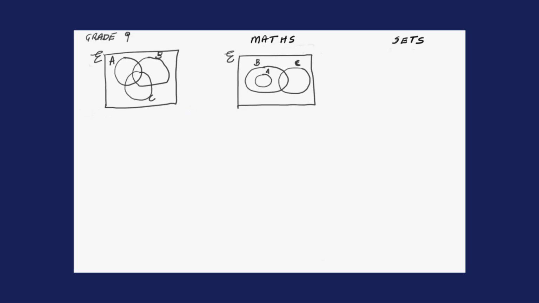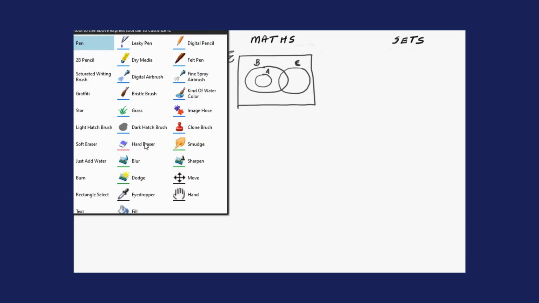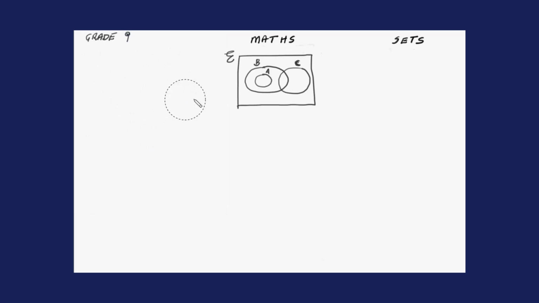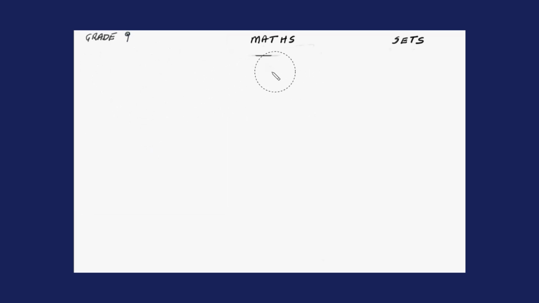So I will start by taking you through one example. We will list the elements of three sets.